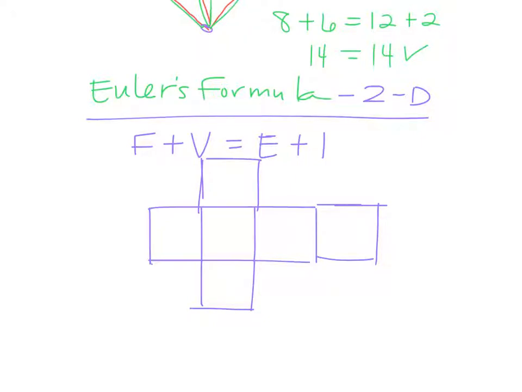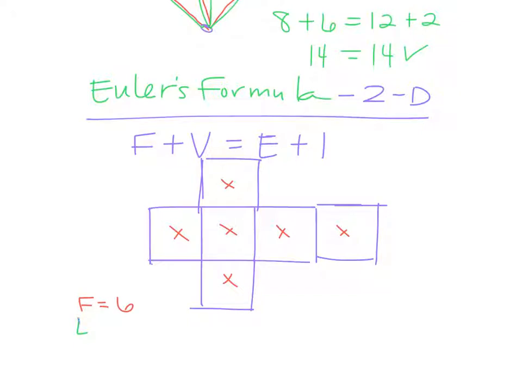Okay, so this would be the net for a cube, right? We want to figure out faces, vertices, edges. What do we have? Does it work out? So how many faces do you see for this? There's 6 faces, right? 1, 2, 3, 4, 5, 6. Okay, so 6 faces.